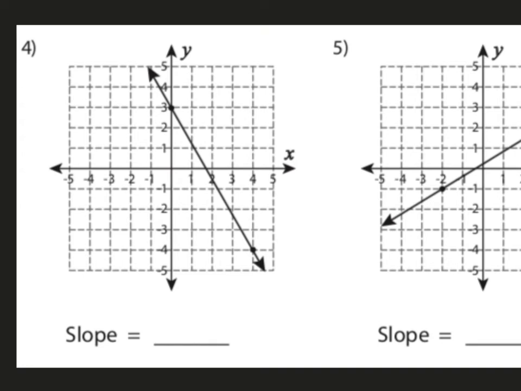Okay, here's another negative. Let's suppose you don't particularly care for the 2 dots they chose for you to use for rise over run. You can use any 2 points as long as they are on the same line. I don't want to use anything that's going to be harder for me in the long run. I don't want to choose right there because that's going to be dealing with fractions or decimals.